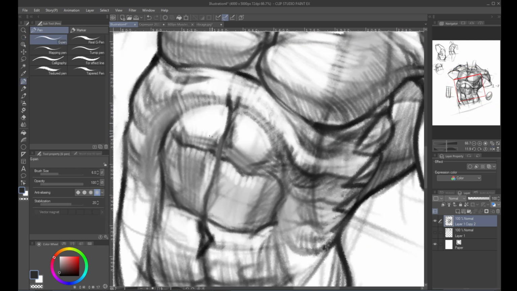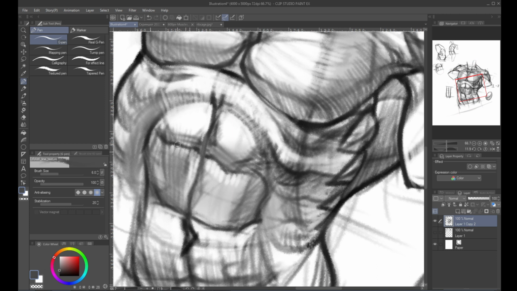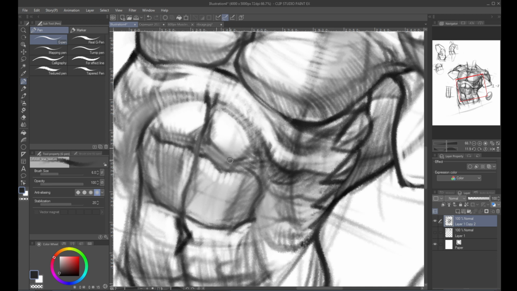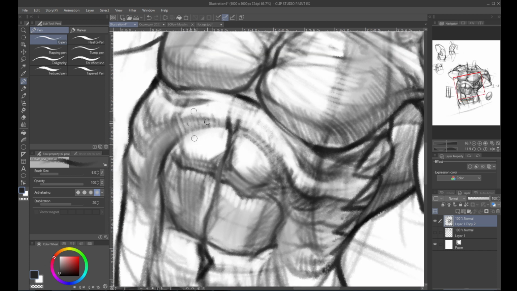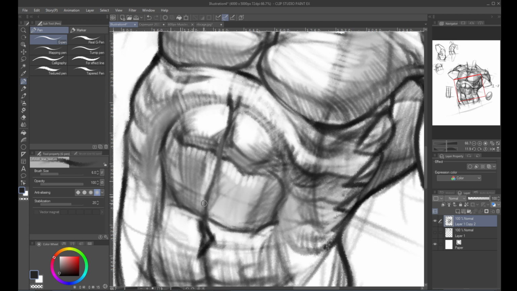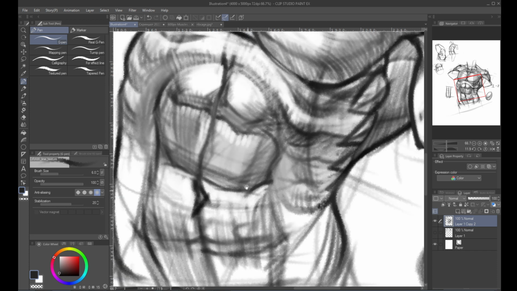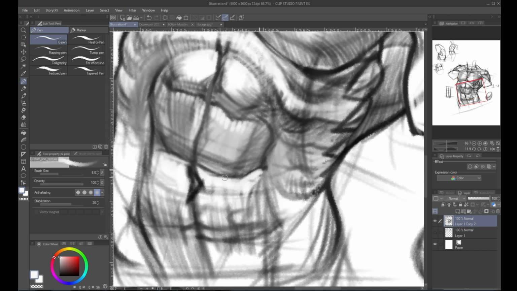And drawing is mostly a way to control and direct the attention, so we need to be careful with our contrasts. I'm also shading the lower part of the individual ab shapes and weakening this line.